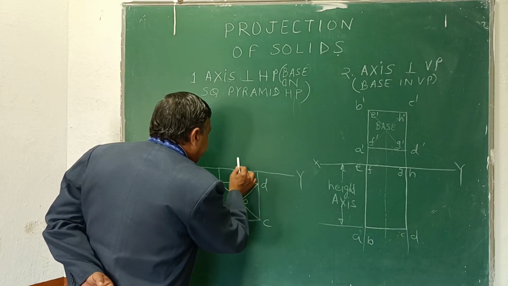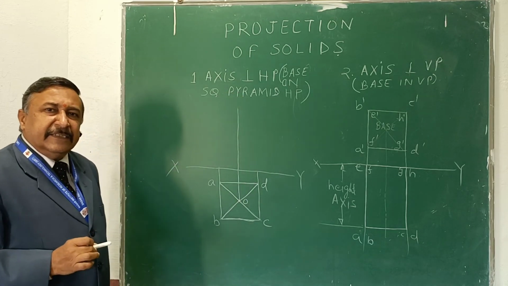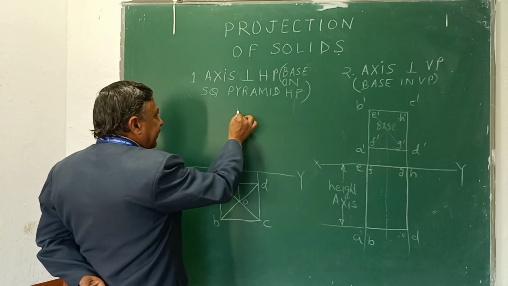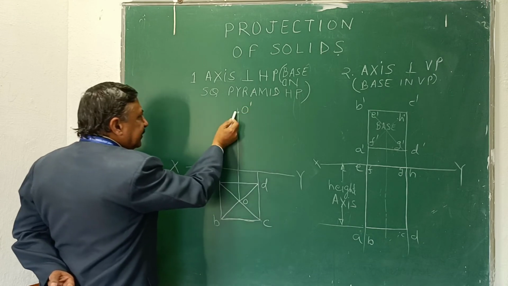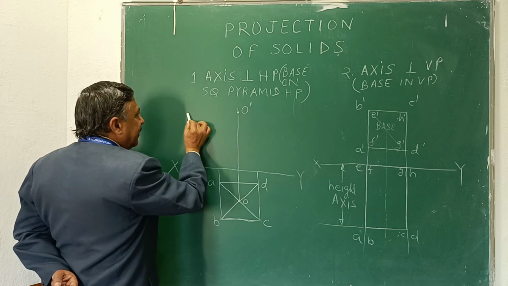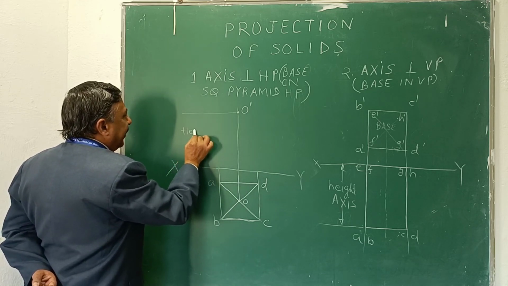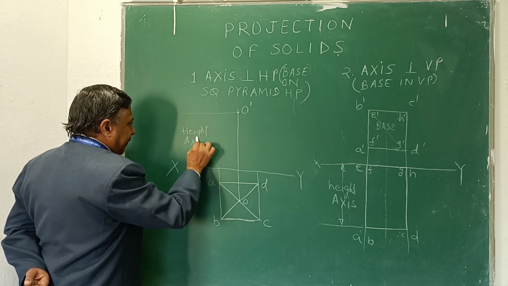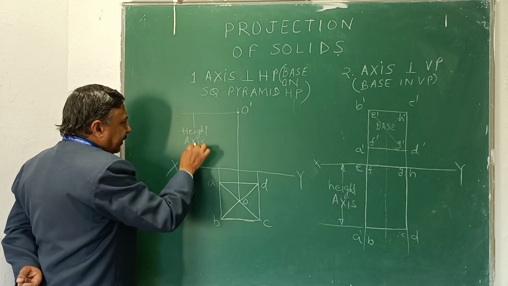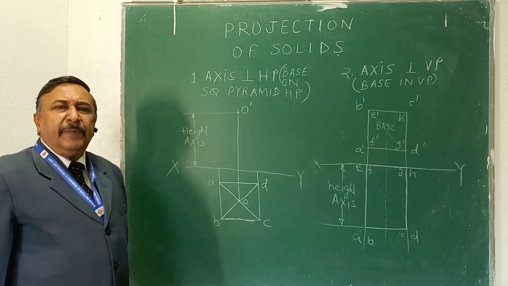Now this is the position of axis and this is the position of apex. What is this? This is the height of pyramid or axis of pyramid.